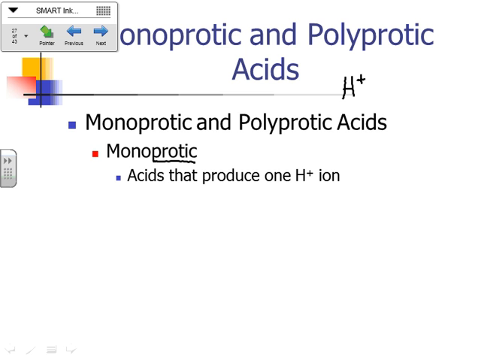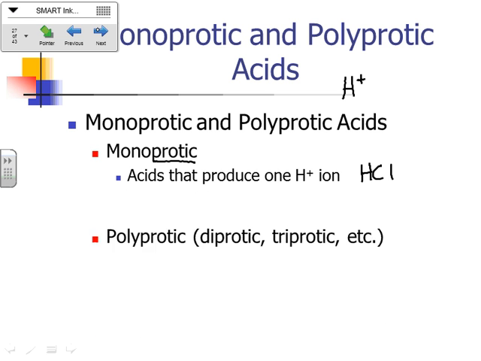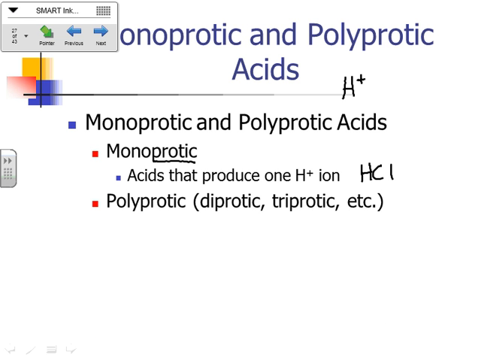Give me an example of a monoprotic acid. Hydrochloric, right? Just HCl. There's only 1 H plus there, right? Okay. So then polyprotic, you can also call it diprotic, triprotic, depending on how many hydrogens there are.